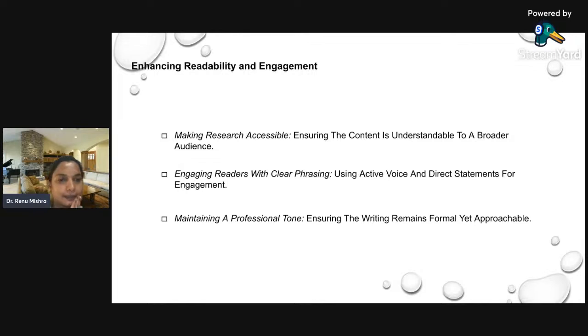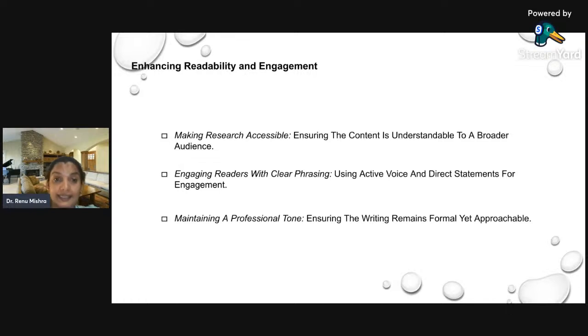I am saying that you write in an easy manner which is understood by many so that they find it engaging, so that more people read it, so that you find more citations. That's the catch.